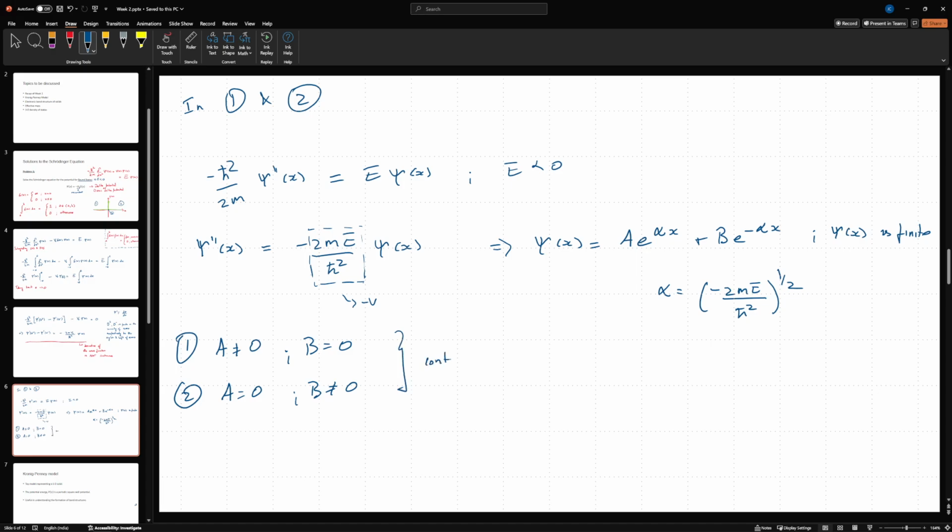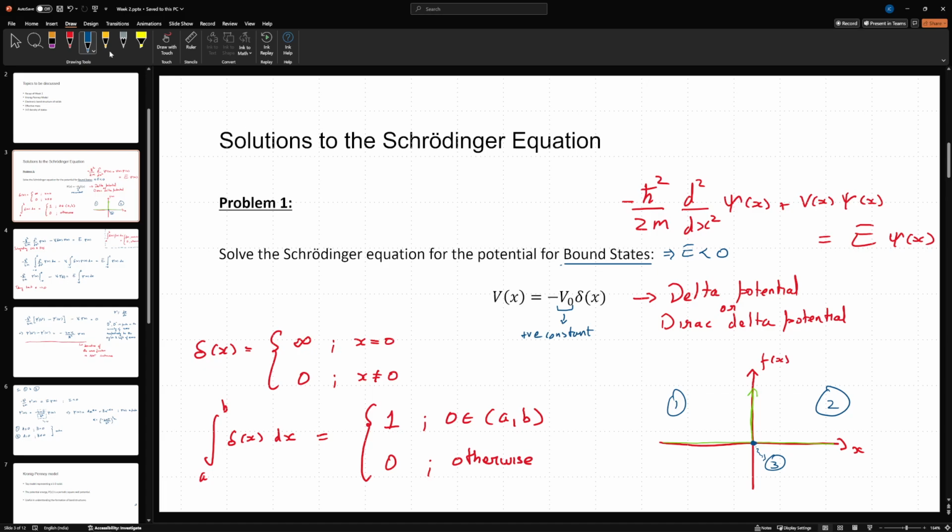So essentially what happens is, let me go back to the figure. Over here, we have been told that psi of x is a e to the power alpha x, and over here, psi of x is b e to the power minus alpha x.